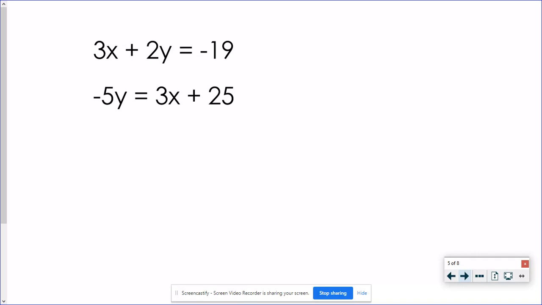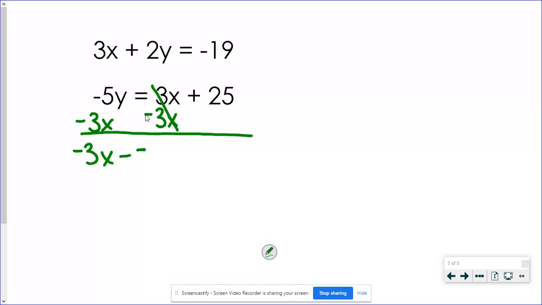So let's take the second equation and make it look like the first equation. Let's move the 3x to the other side of the equation. So if I would subtract this 3x, this equation turns into negative 3x minus 5y equals 25.